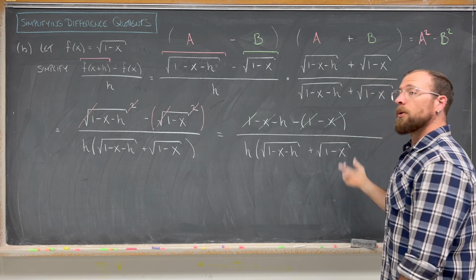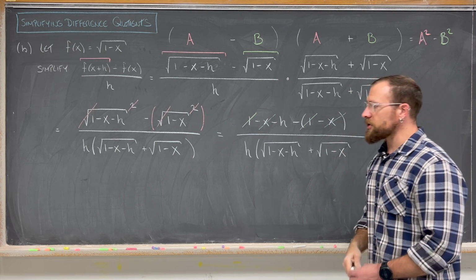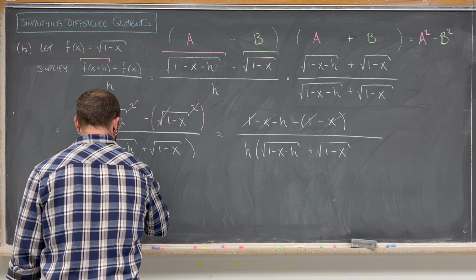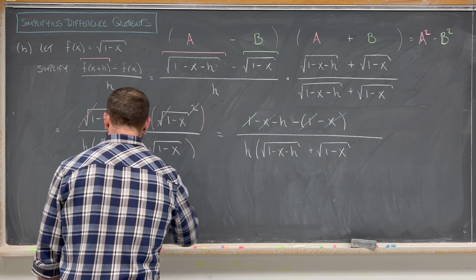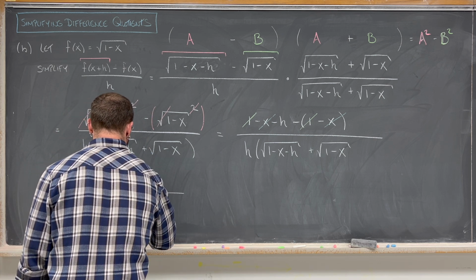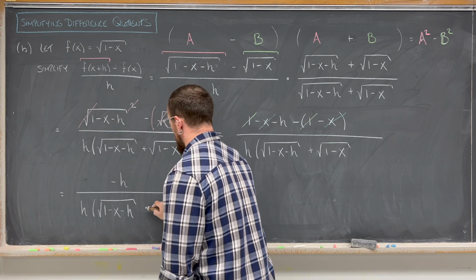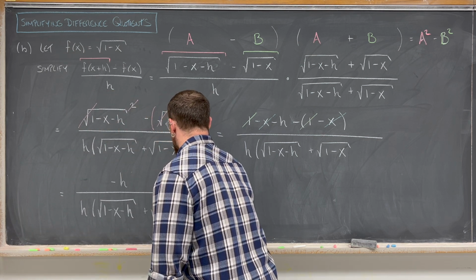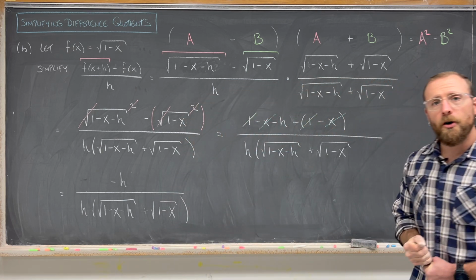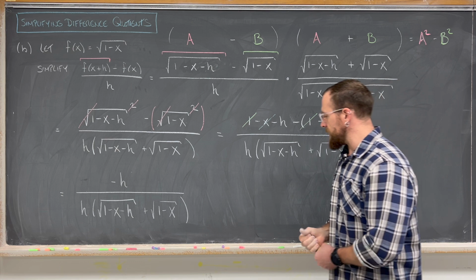Okay? So the only thing that's upstairs is a negative h. I will write this out to make this clear. You have negative h upstairs, and downstairs you have h times the square root of 1 minus x minus h plus the square root of 1 minus x. Okay? And we're in the home stretch. It should be clear what to do now to finish this up.